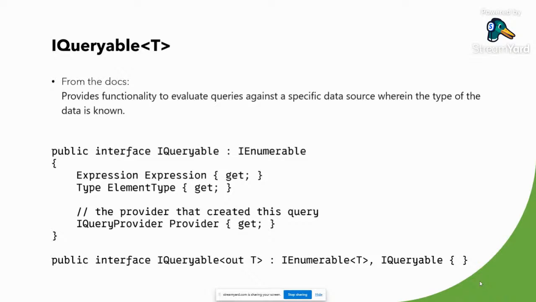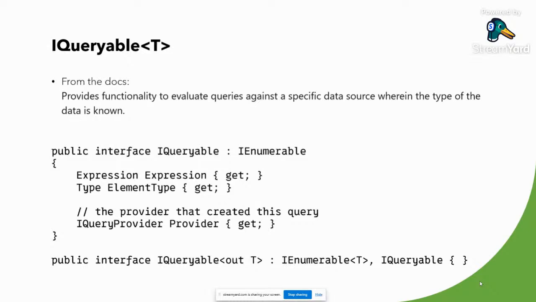Then there's IQueryable, which is comparable to IEnumerable. It even inherits from IEnumerable. But it's mostly for LINQ queries, LINQ to SQL, into databases. That's where it's mostly used. Why? Because this does not specifically create an enumerator for a memory object.